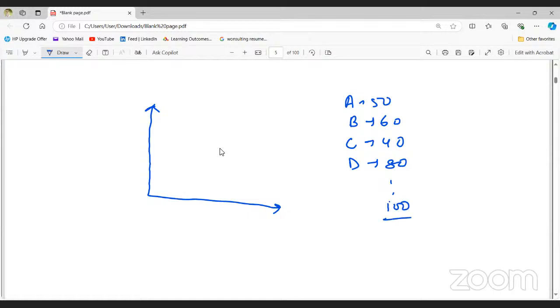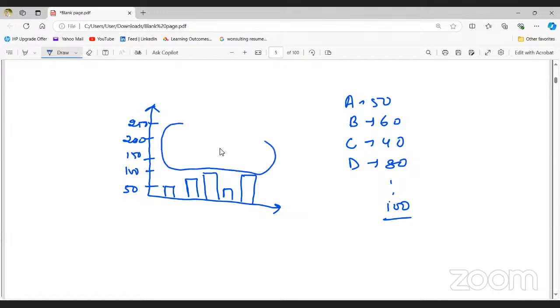But in my y-axis, I'm showing the frequency values like 50, then 100, then 150, then 200, then 250. And if I make the bars, one bar is like this, then the other bars like this, till 100. And this part is remaining, right?